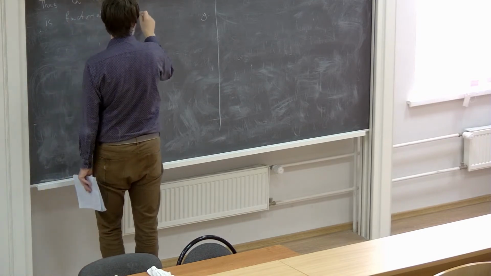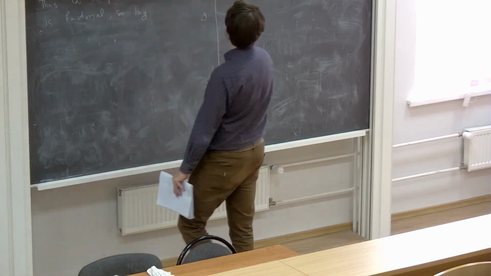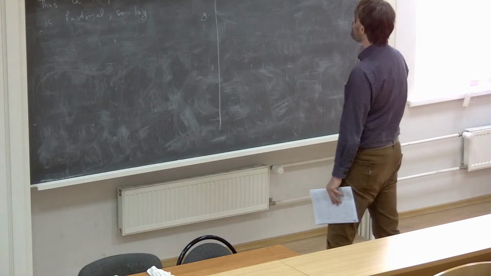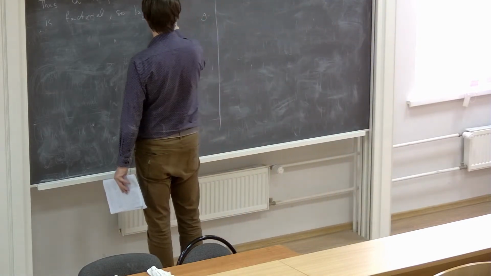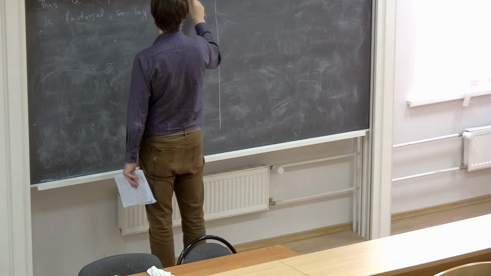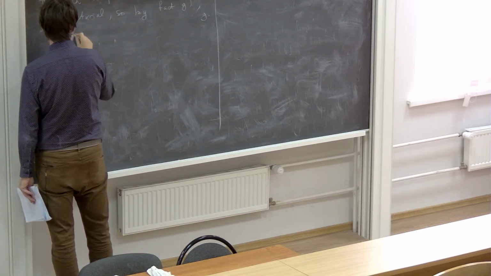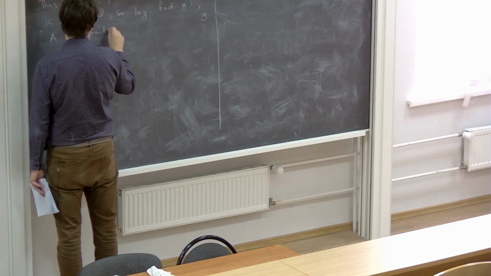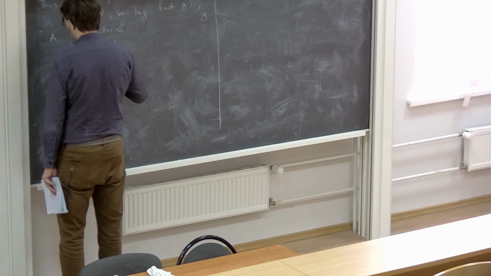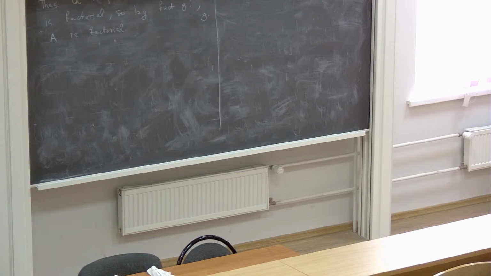So by the Nagata lemma, which is what? It's fact G. A is factorial. Okay, so there it is. This is the proof.